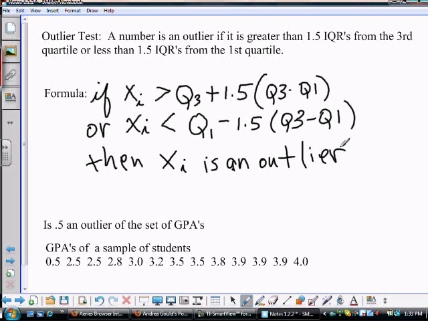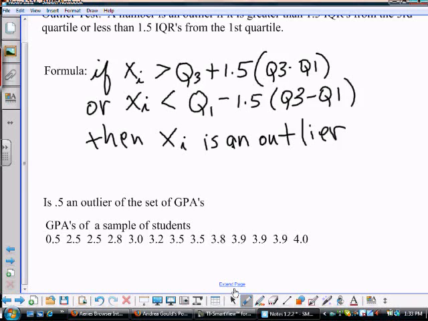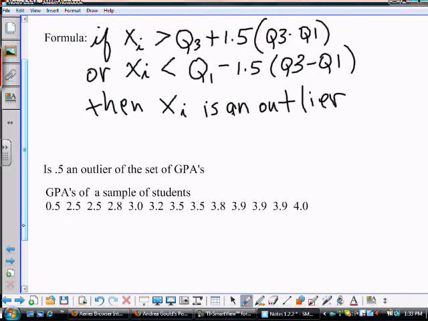Okay, so let's try to figure out from this formula whether 0.5 is an outlier. I'm going to build my fences to where if numbers are beyond these two fences, that number will be considered an outlier. So if I look at my data here, if I have a number that is greater than, what was Q3? 3.9?